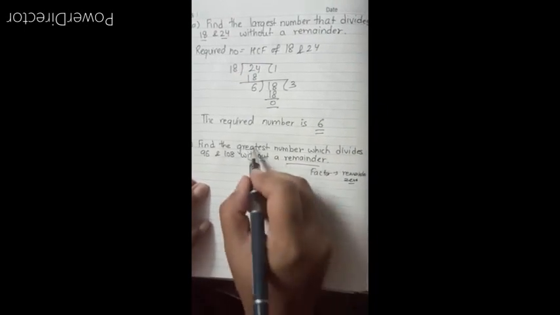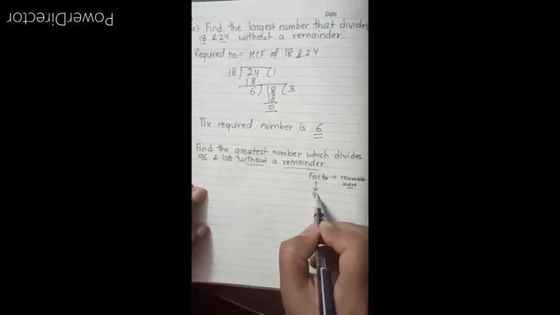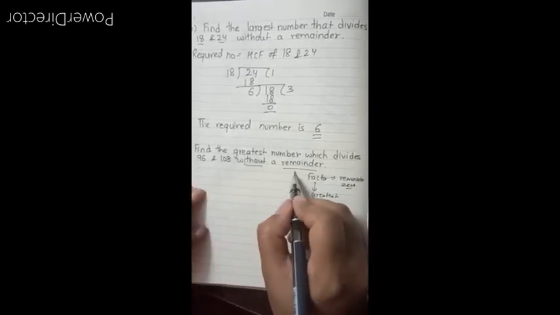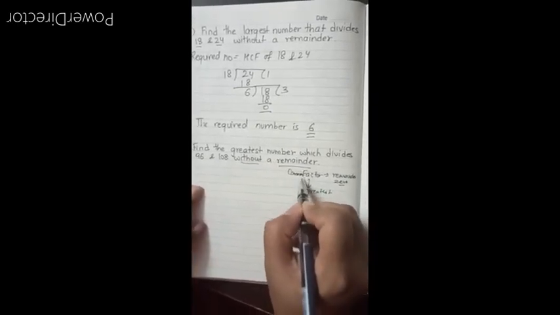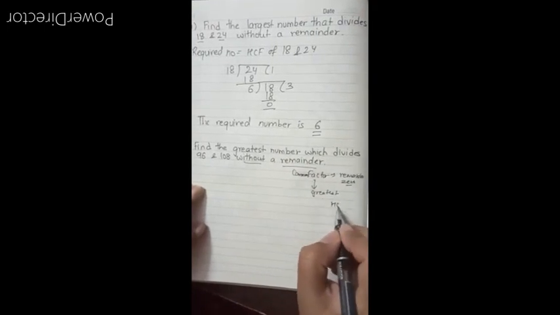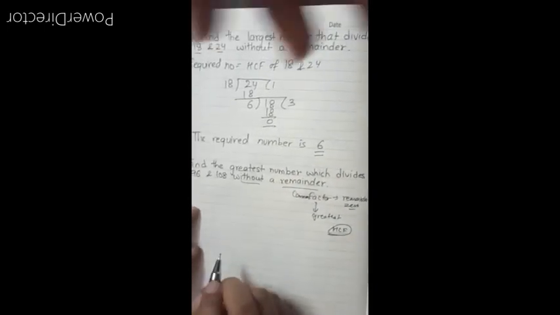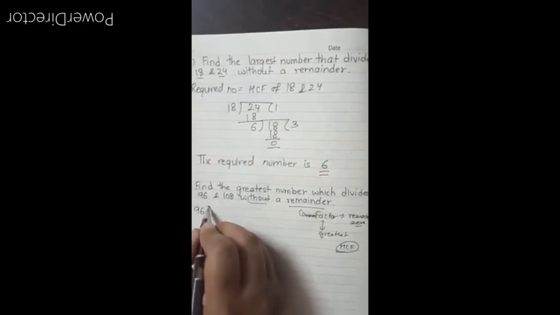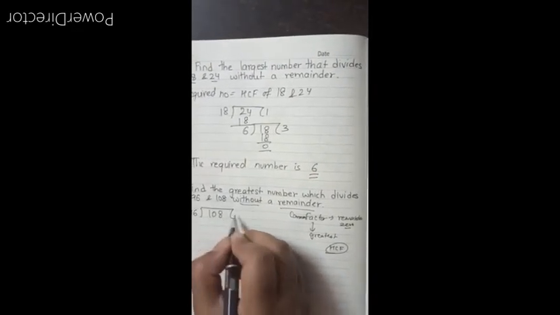And if it is the greatest factor and it is a factor of both these numbers, that means it should be a common factor. This shows that we have to calculate the HCF. So we'll find the HCF of 96 and 108. It will go 1 time.